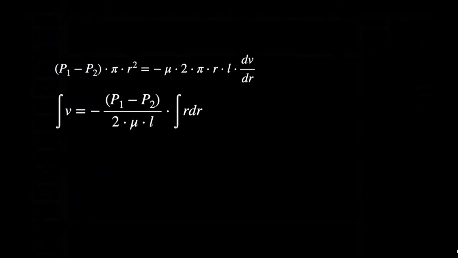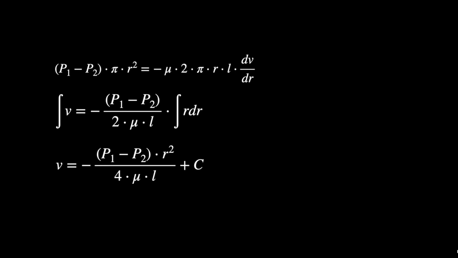You're going to integrate it. We're going to get r squared by 2. And for the first time in the history of physics, we're going to add a plus c, our indefinite integral.